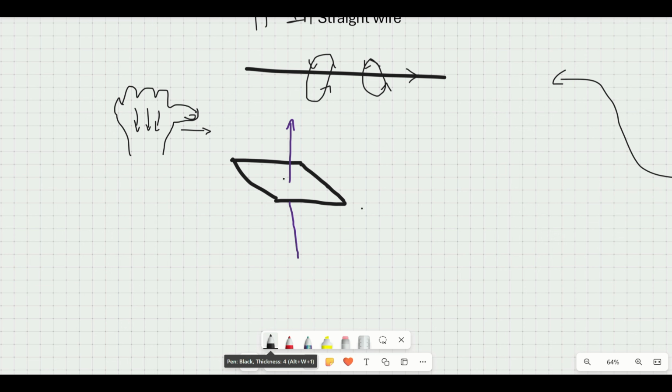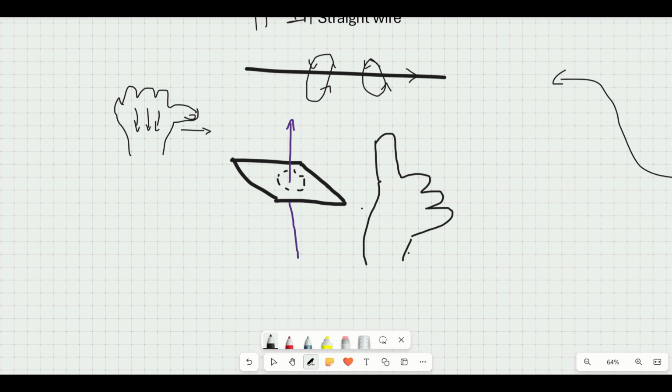If we put that here and shake it a little bit, we will see that it will produce a pattern. This proves that in a current carrying straight wire, the magnetic field is in circular loops around the wire. And to see the direction of current, we will place our right hand thumb. This is our right hand thumb, and these are all the other fingers.